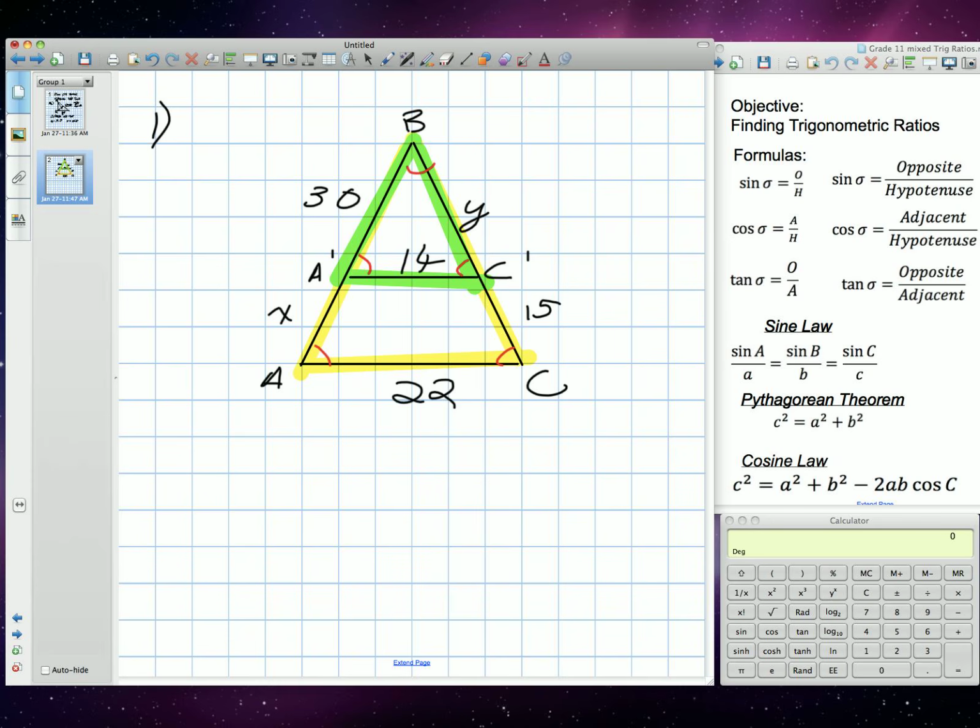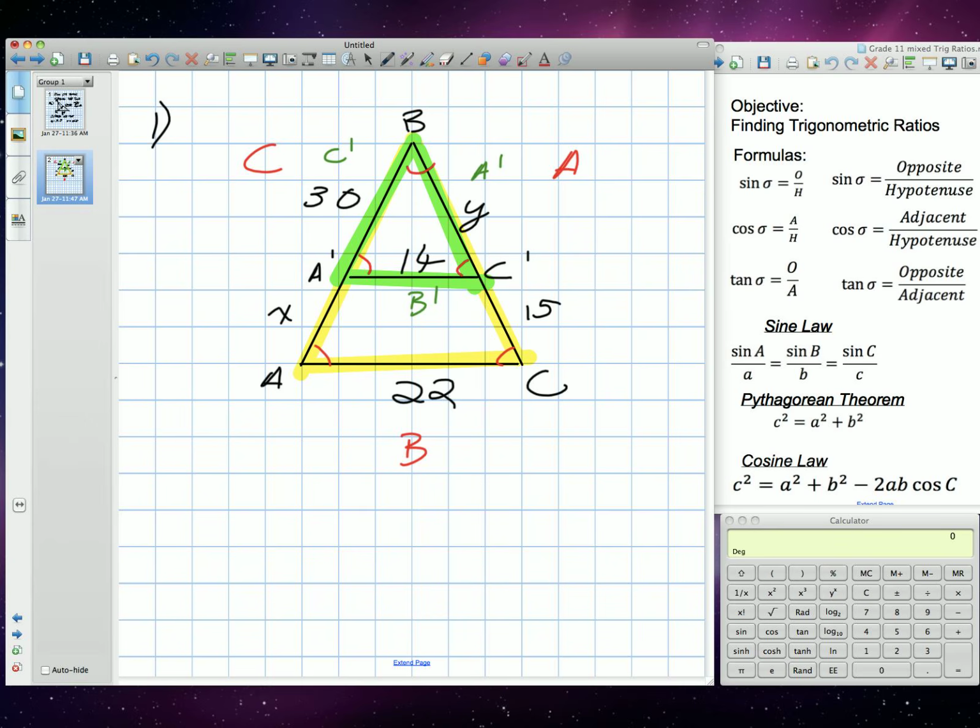Okay, let's say we have sides of the triangle. We'll call this one C for the larger yellow one, this one A, and this one B. With the smaller triangle, in green here, we'll call this A1, C1, and B1. What ratio do we have?